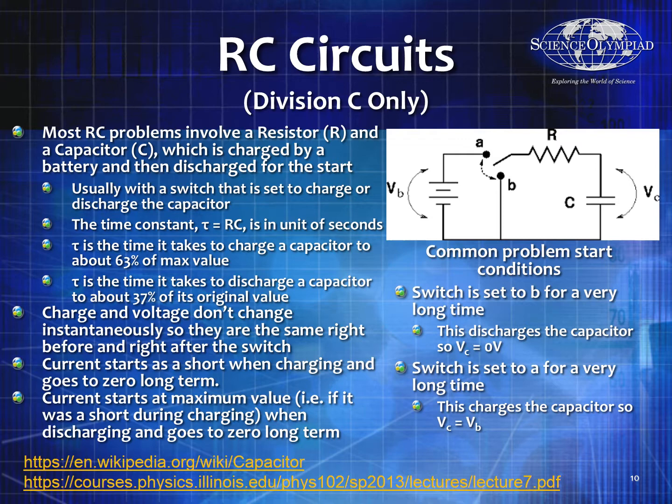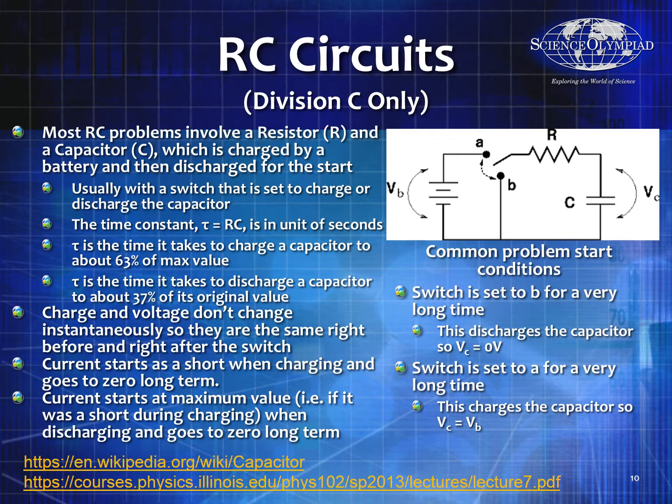There will be a time constant, tau, that is equal to RC. You take the R in ohms and C in farads. It takes about tau time to charge a capacitor to about 63% of its maximum value.